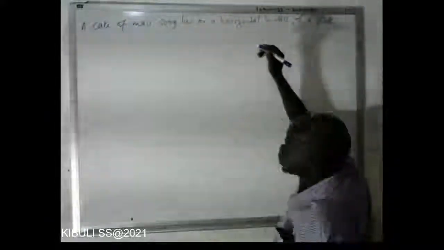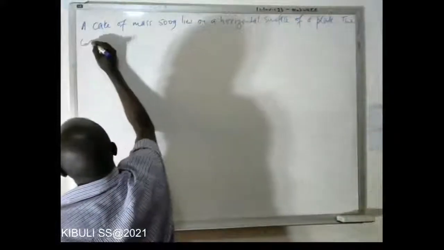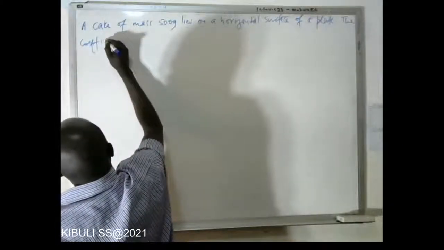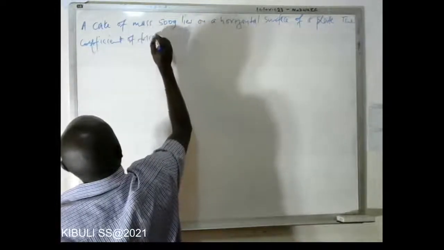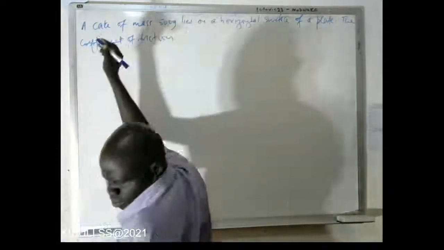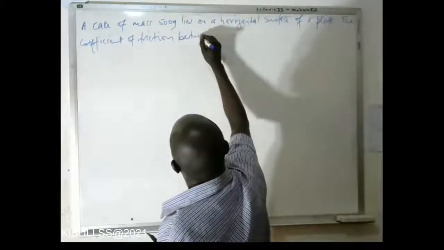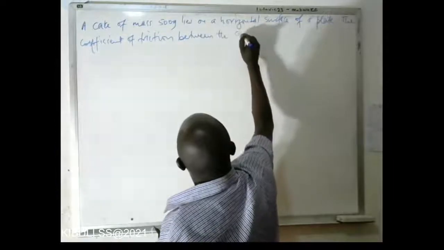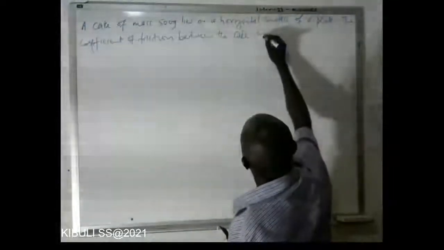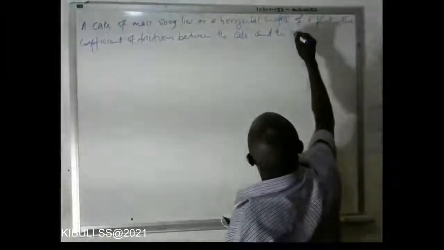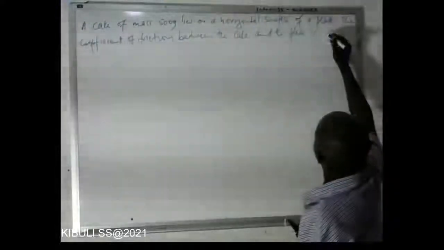The coefficient of friction between the cake and the plate is 0.1.